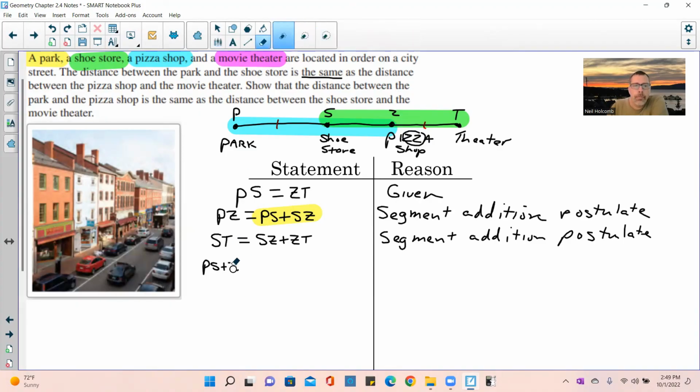PS plus SZ equals ZT plus SZ. Okay, so what am I saying here? PS is this piece, plus SZ is this center piece, equals ZT plus SZ. Since these two segments were congruent, PS plus SZ equals ZT plus SZ, and that's the addition property of equality.